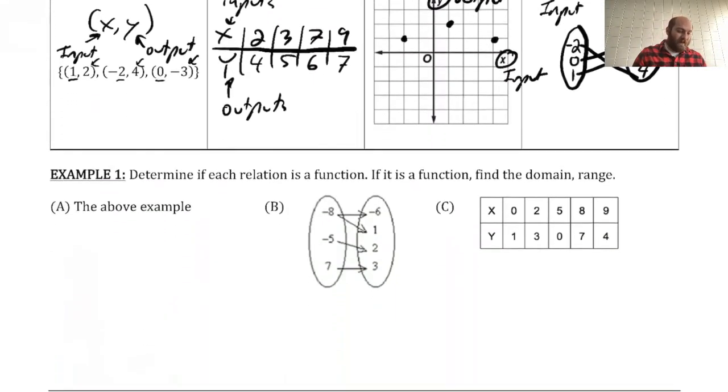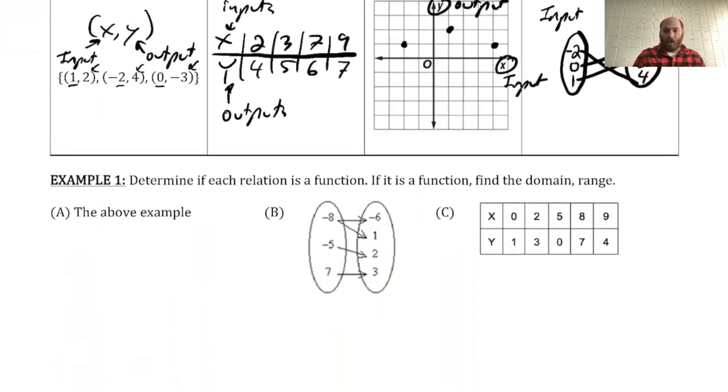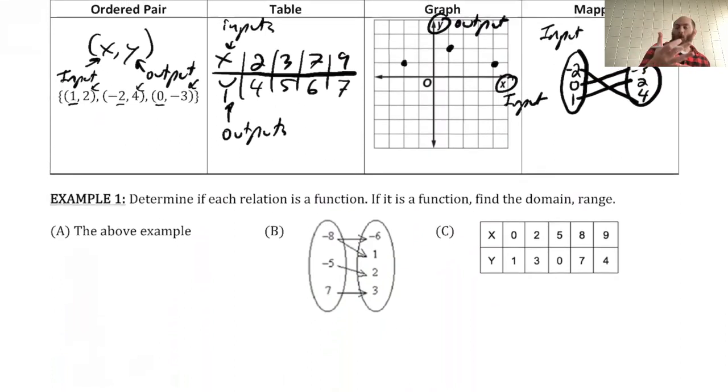So we go back to the definition: for it to be a function, it has to have exactly one output for every input. The above example, we look at the ordered pairs. We look at all of our inputs here: 1, -2, 0.